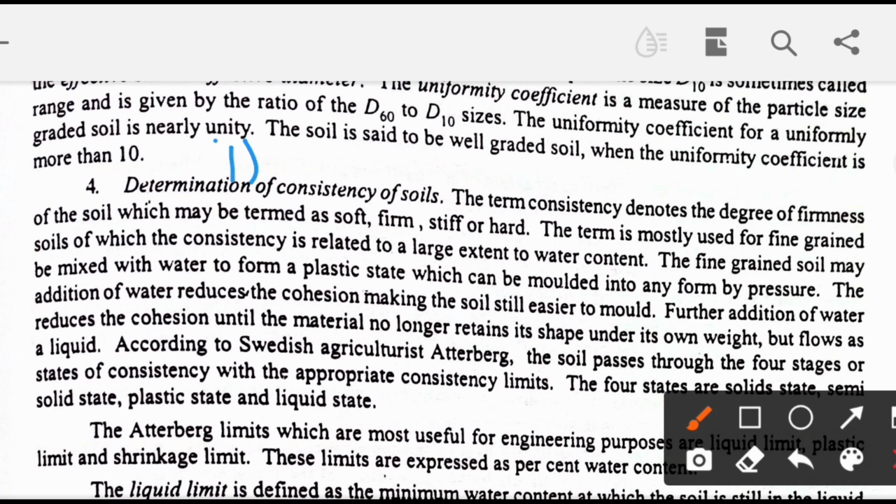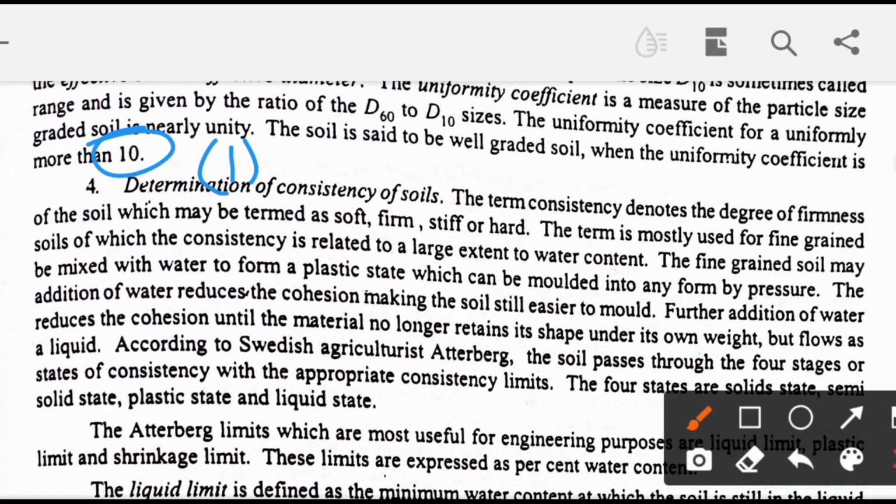Unity मतलब 1. The soil is said to be well graded soil when the uniformity coefficient is more than 10. More than 10.